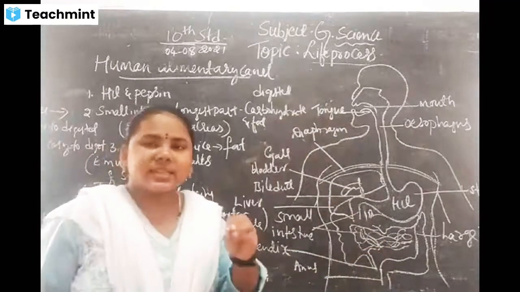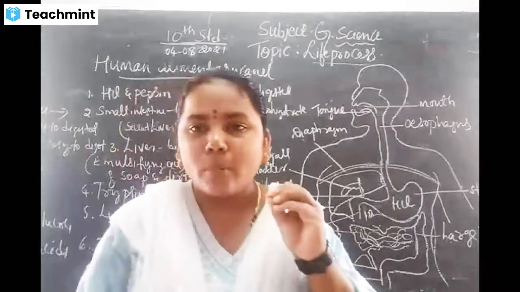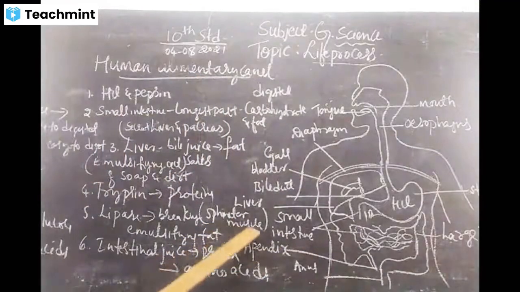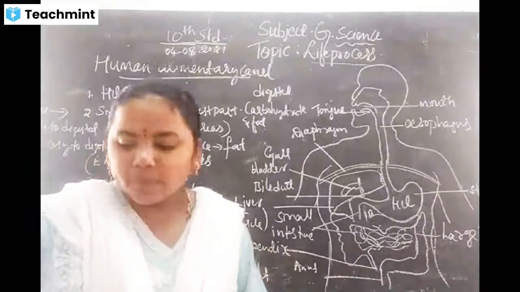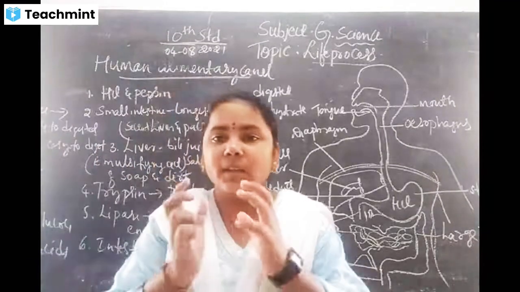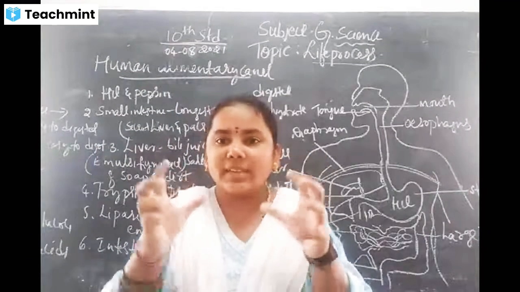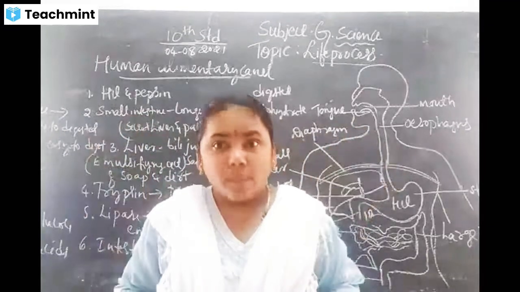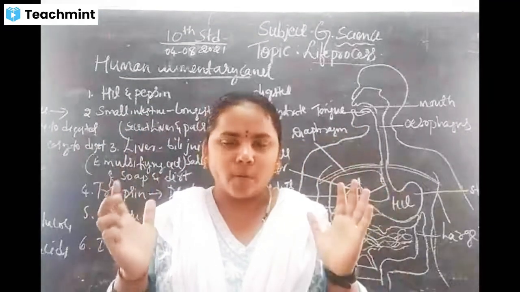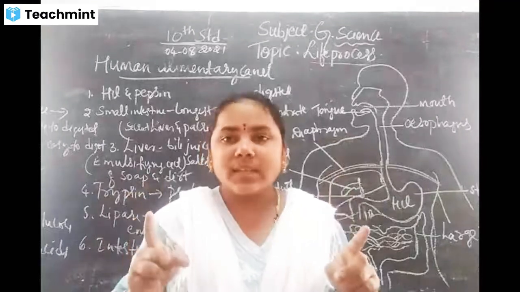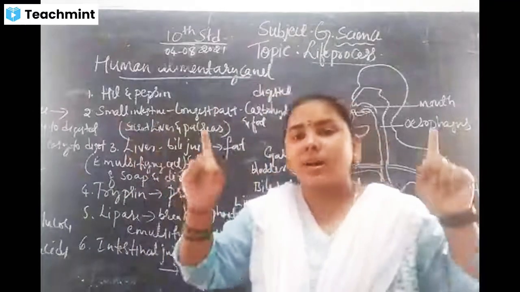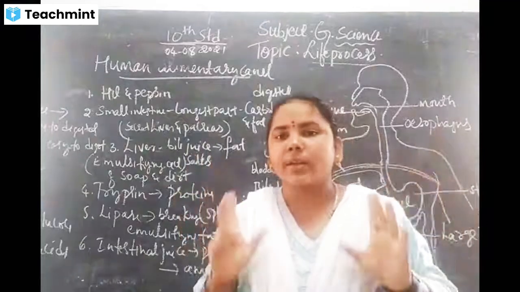The small intestine is a very important tissue. It is a sphincter muscle, that means it can expand. Just like if you fill air inside a balloon, it starts to expand, right? Similarly, the stomach is the largest organ in the body, but the small intestine is the longest organ of the body.